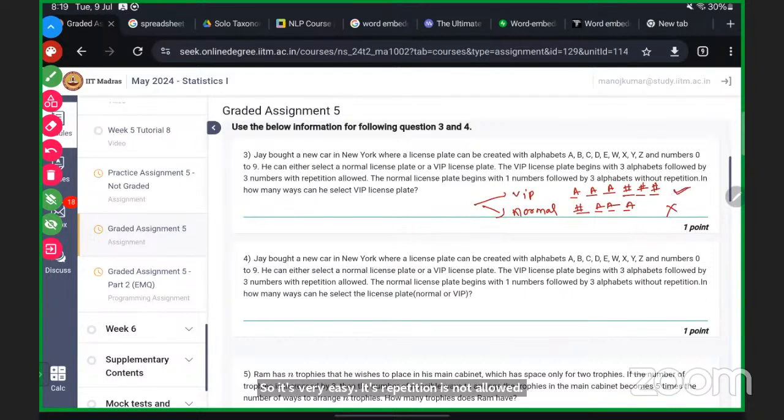So when repetition is allowed, what do you do? You write in powers, right? Let's say 10 numbers are there, so 10 three times for the numbers, something like that.